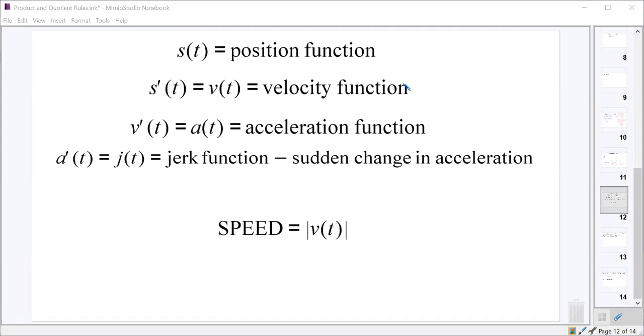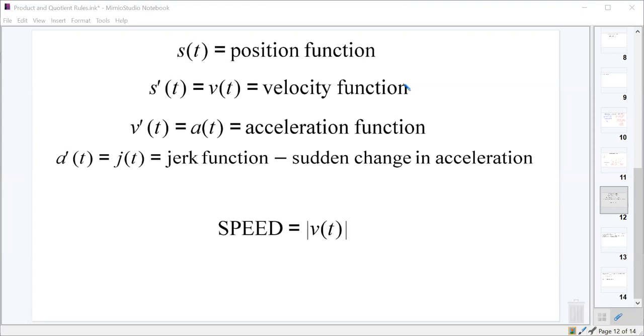And so the rate of change of that position is the velocity, and the rate of change of a function is its derivative. So those should line up. The derivative of a position function should give you a velocity function. The derivative of a velocity function should tell you the rate of change of that velocity function, which would just be an acceleration function, because acceleration is how we measure a change in velocity.